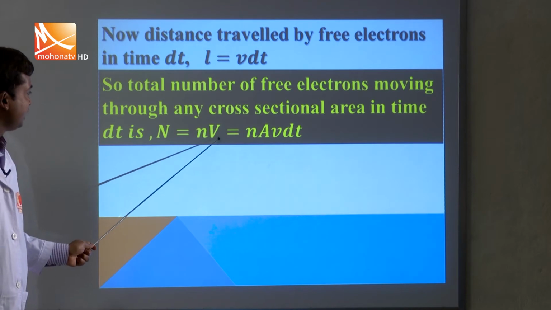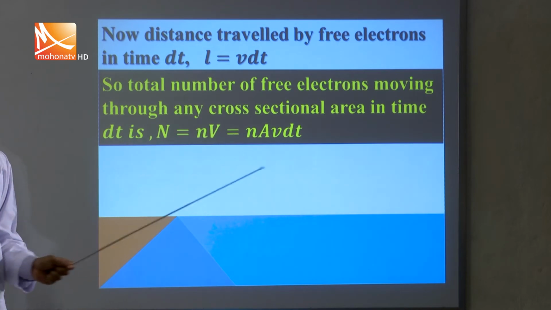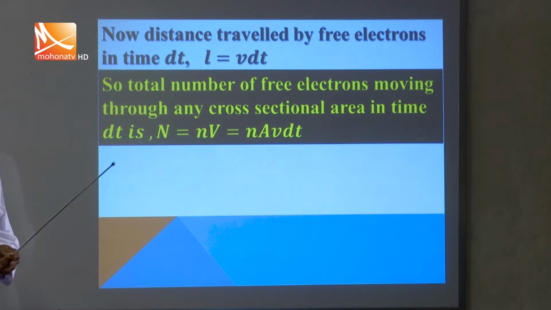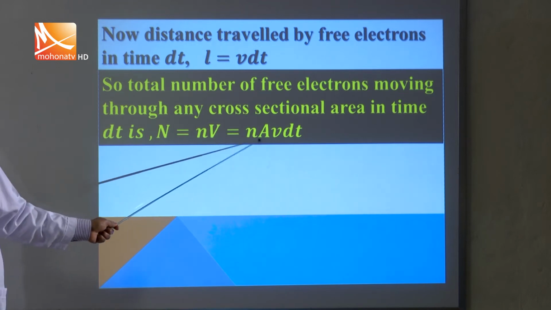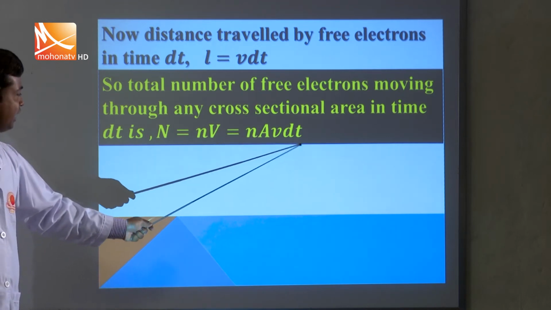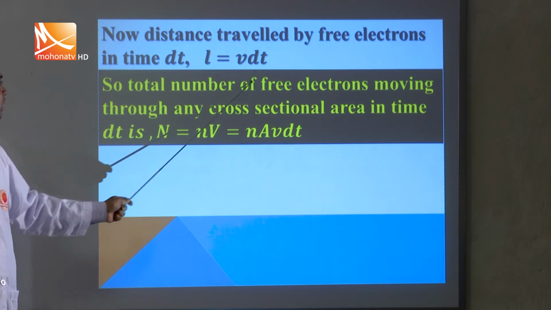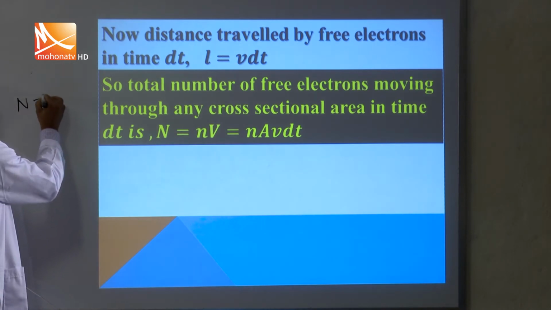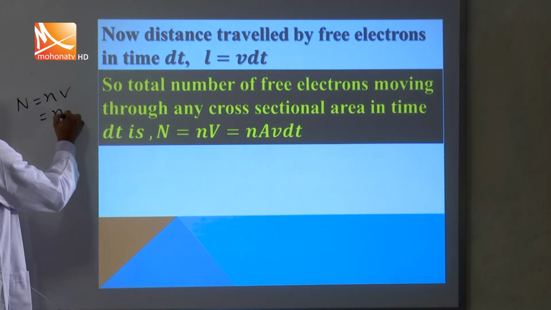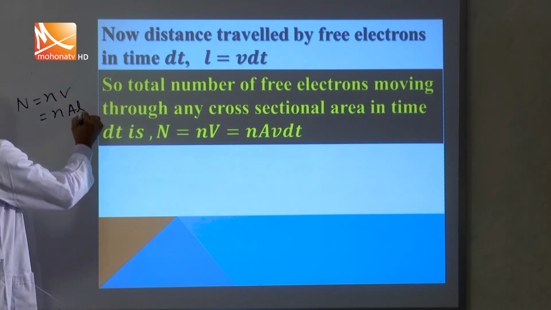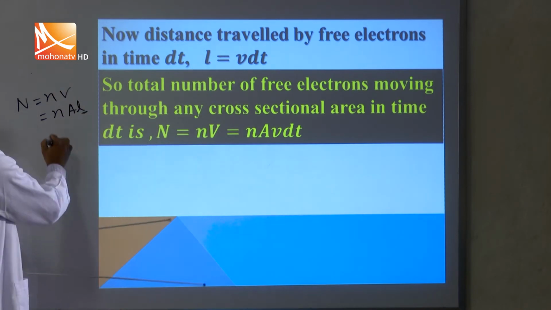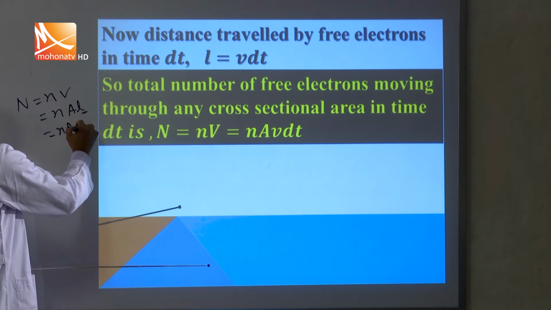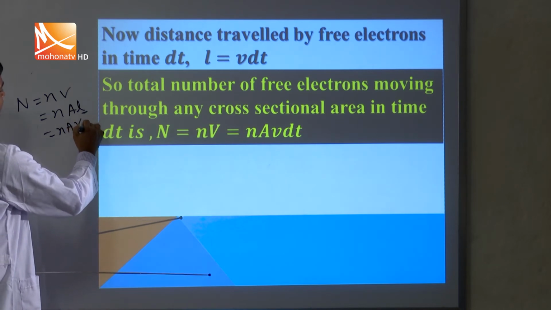This is not the velocity, this is the volume of the conductor, and you know that volume equals area into length, that is A into L, where L is replaced by v into dt. That means N equals nV equals nAL, where L is v dt, so N equals n A v dt.